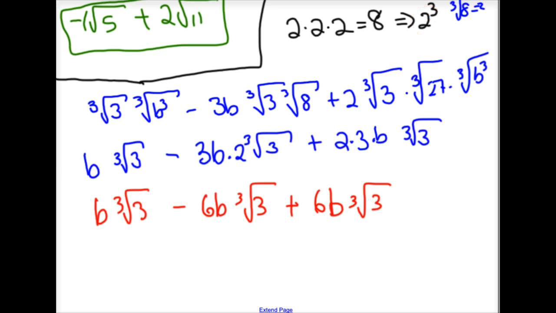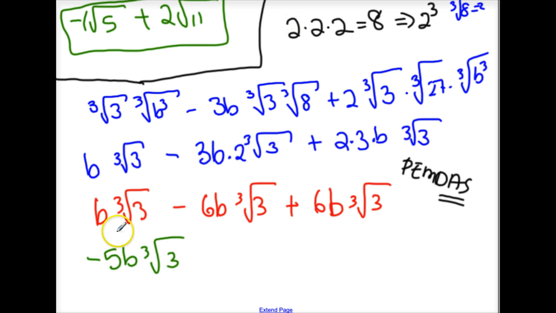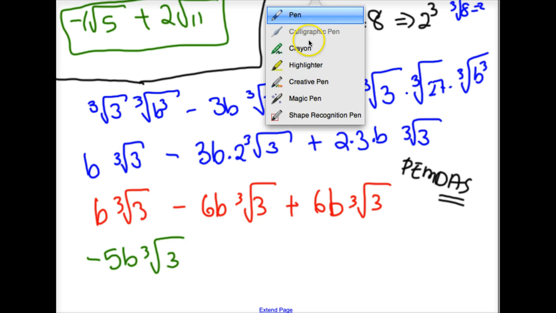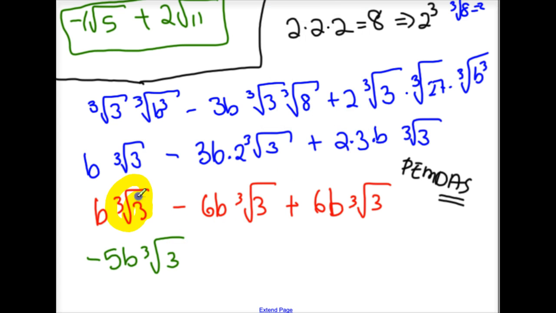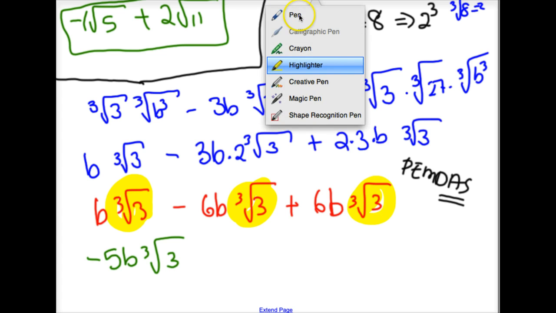And again, we have addition and subtraction, and PEMDAS says we do addition or subtraction, whichever comes first from left to right. So b minus 6b is going to be minus 5b cube root of 3. I can combine them because they all have the same, and we can highlight that just to make sure they all have the same or the like radicals.